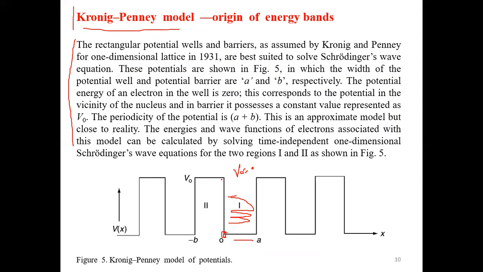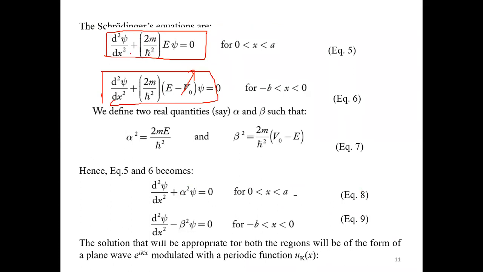The barrier height is V0, that is the electric potential. So in region 2 there is a barrier, and then again there is region 1, and then again region 2. Please note carefully, we will have two different Schrodinger equations here. One is for region 1, and the Schrodinger equation for region 1 will be this one: d square psi dx square plus 2m by h bar square E psi equals 0.